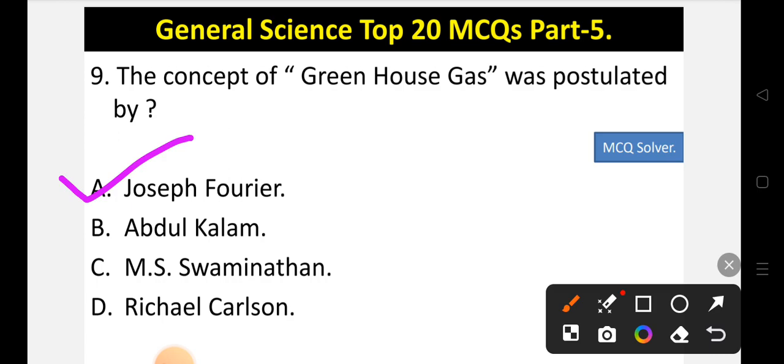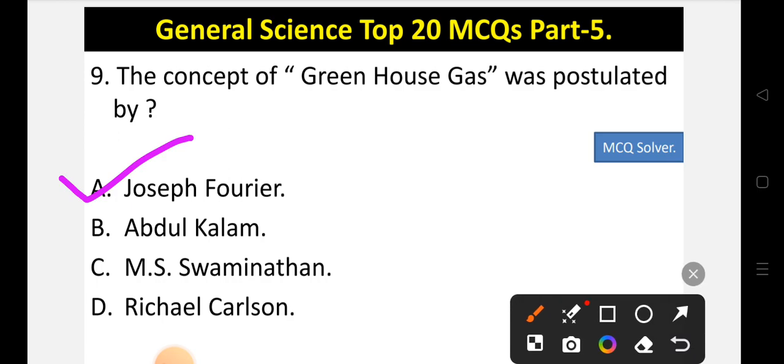He was the person who gave the concept of greenhouse gas. Some examples of greenhouse gases are carbon dioxide, carbon monoxide, and sulfur dioxide. These are responsible for increasing global warming issues and also ozone depletion. So A is the correct option.